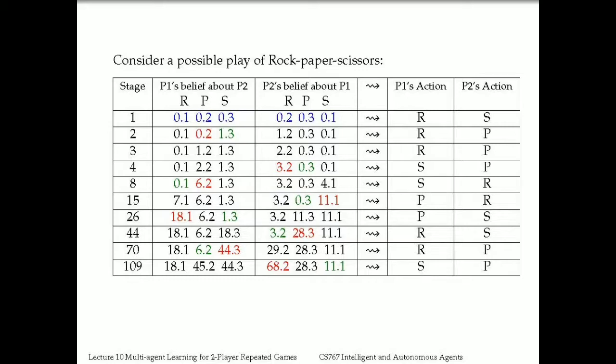You can see from the previous table, for example, starting from stage 4, where player 1 would choose scissors and player 2 would choose paper, they will keep playing in this way for 4 rounds, so 4, 5, 6, 7, until at stage 8, where player 2 made a deviation to change from paper to rock.